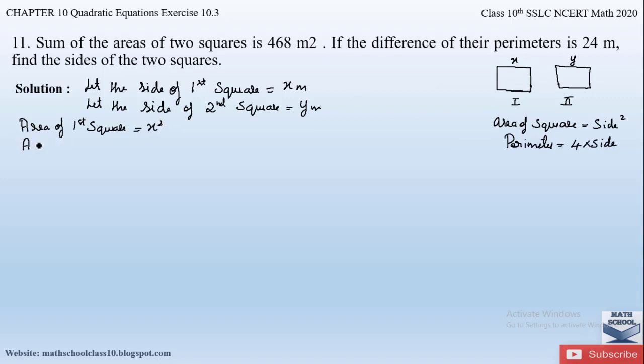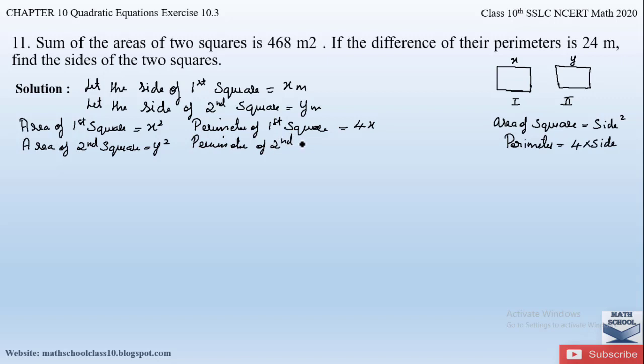Similarly, area of the second square, since the side is y, it will be y square. Then the perimeter of the first square is 4 into the side, that is 4x, and similarly the perimeter of the second square is 4 into the side y, that is 4y.